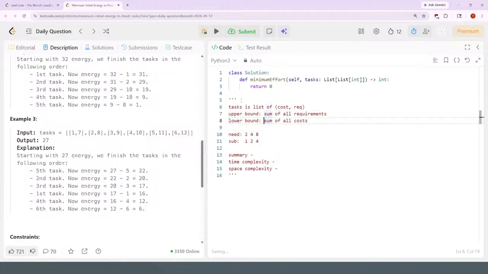You can't go lower than this because then you just wouldn't have enough energy to do all the tasks. You wouldn't need to go higher than this because it shouldn't be necessary to do higher than that.